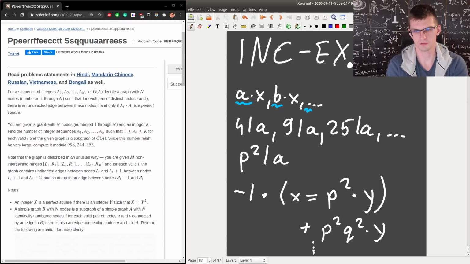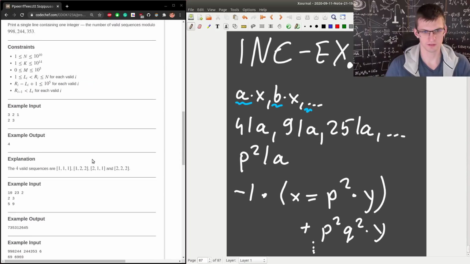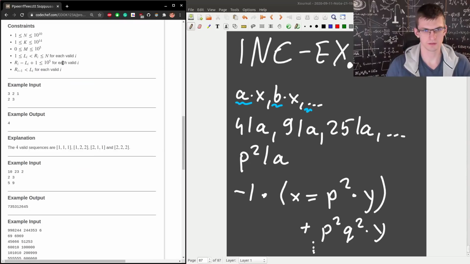Also, how do I deal with different lengths? Oh no, because I have queries about lengths.